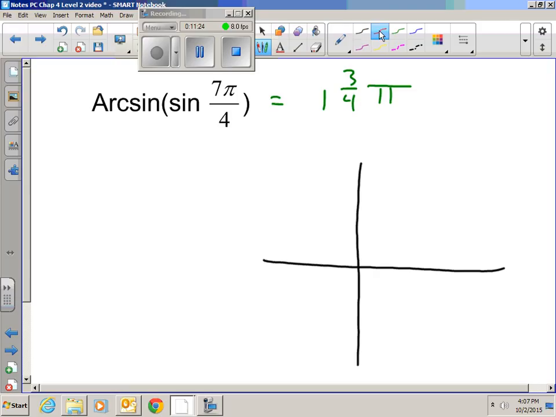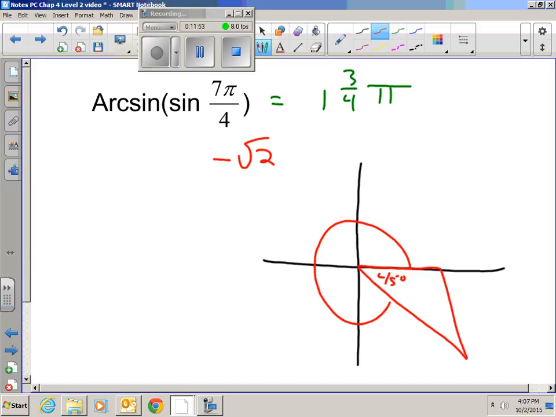I'm going to open up half a pi, 1 pi, 1.5 pi, 1 3/4 pi. So I already know my angle is a fourth quadrant angle, and I'm hoping you recognize it would be a 45 in the fourth quadrant, because it's 1/4 pi. Okay, the sine of that angle is negative because it is in the fourth quadrant.